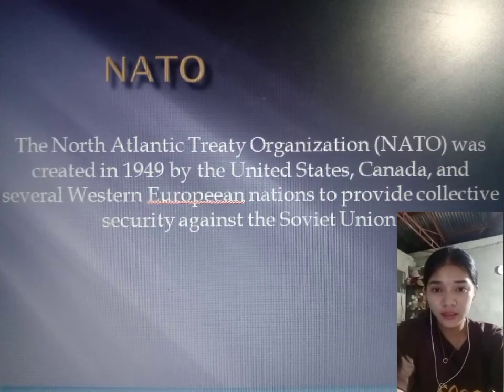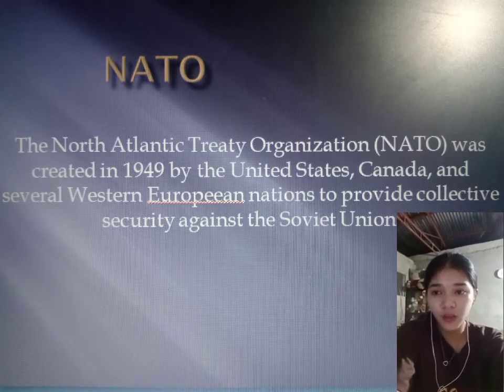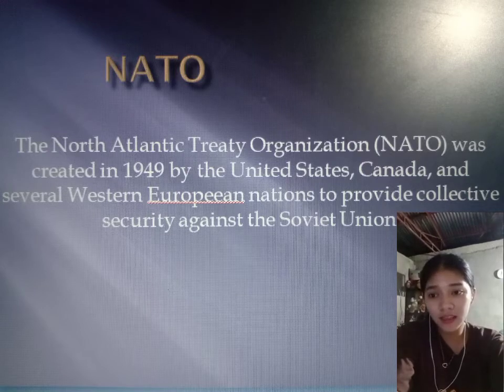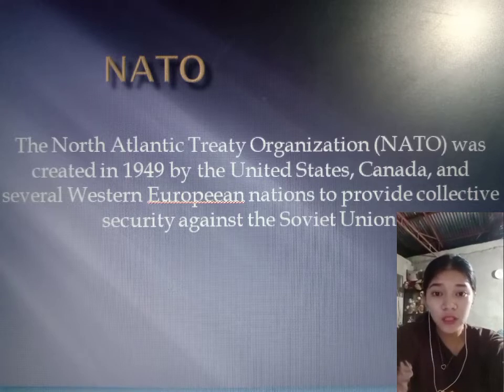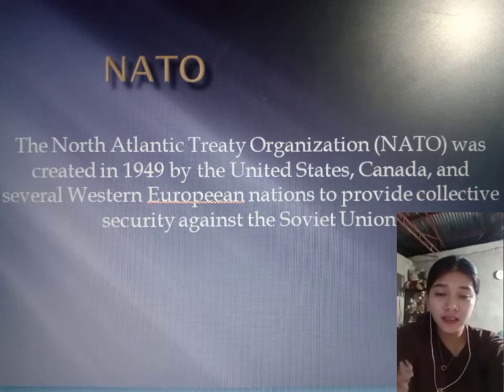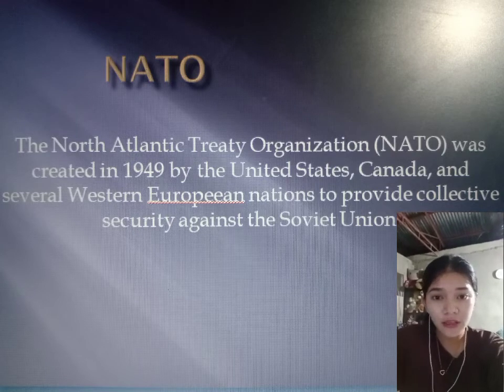So, next is NATO or the North Atlantic Treaty Organization, which was created in 1949 by the United States, Canada, and several Western European nations to provide collective security against the Soviet Union. NATO is a formal alliance between the territories of North America and Europe.